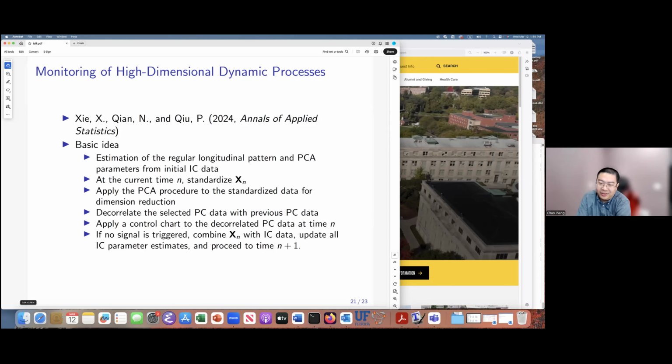I think I understand the PCA, but my question is, if we apply the decomposed component to change detection, will that also be affected by the out of control pattern, right? Just like the example I took, if we have an ellipse, we have the long one and the short one.